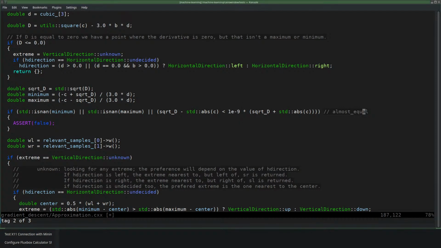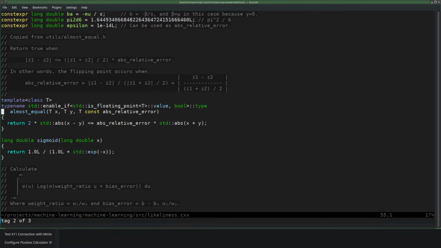And then I can just use the same insights that I had here. So 2 times the difference is less than or equal to the absolute relative error times the absolute value of the sum.